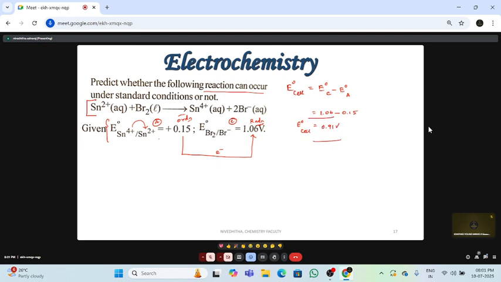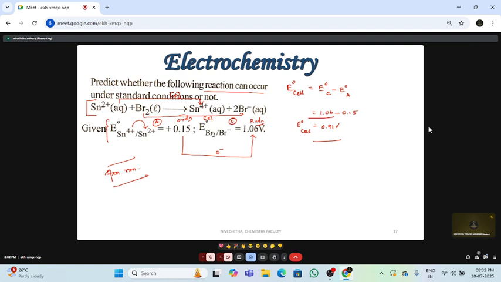Here, according to our prediction, tin will get oxidized and bromine will get reduced, and the reaction is also the same, right? Sn2 plus is getting oxidized to Sn4 plus, so it is oxidation, and Br2 is gaining electron to get converted into Br minus, so this is reduction. So here, the sign of E naught cell is positive, so this reaction is considered to be the spontaneous one. So this reaction can occur. Fine. Is that clear?